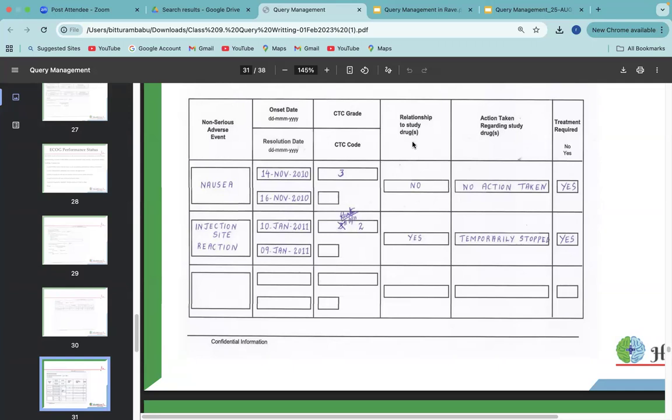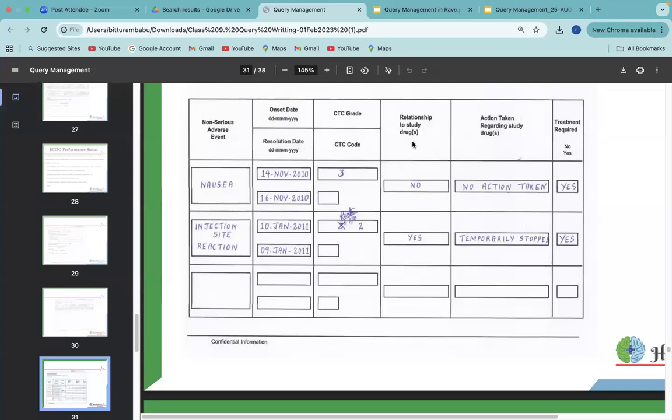Let's say you gave medication for stomach pain, but somehow the patient fell down while walking. Like the patient got some burn, right? Now the burn is not related to the stomach pain medication you gave him, but he did something to his hand while cooking.